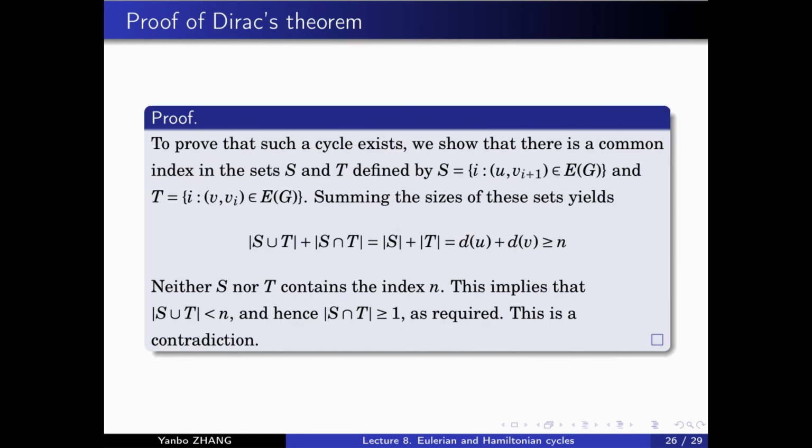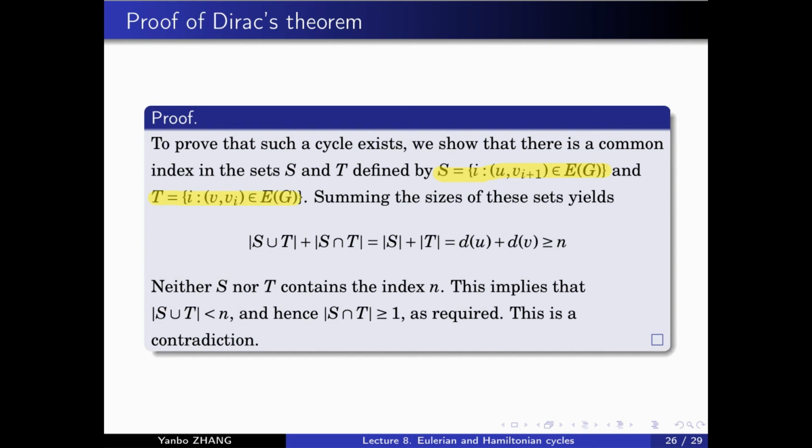The formal proof is, to prove that such a cycle exists, we define two sets, S and T. S is the set of all i such that u vi plus 1 is an edge in G, and T is the set of all i such that v vi is an edge in the graph G. If S and T contain a common number i, that means a neighbor of u is the successor of a neighbor of v.